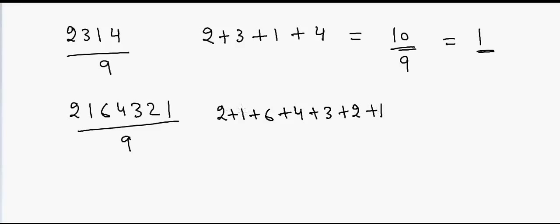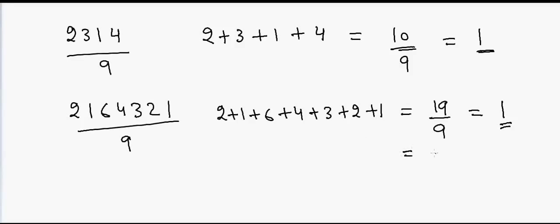So 2 plus 1 is 3, 3 plus 10 is 13, 13 plus 6 is 19. So we have 19 divided by 9, which gives a remainder of 1. So again, if you divide this number by 9, your remainder will be 1.